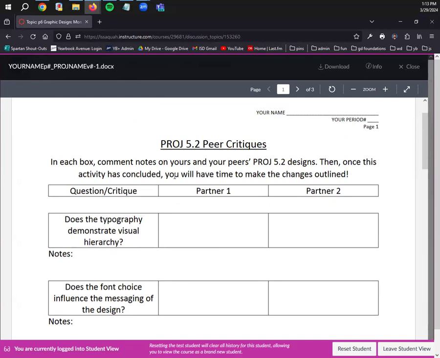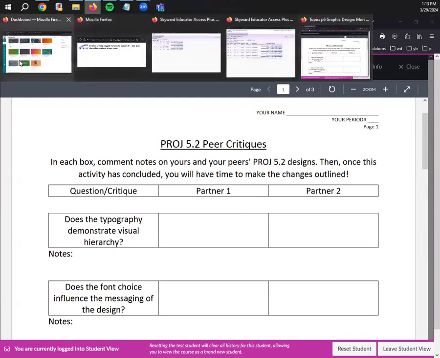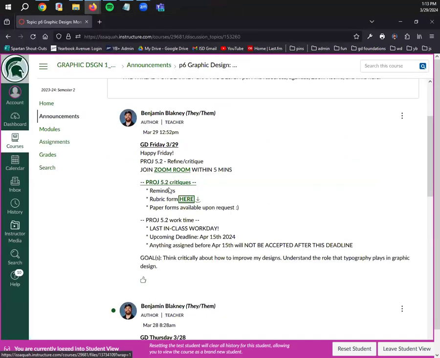Your first thing for today is a reminder about peer critiquing. Remember, your goal is not to tear apart the other person's design. Your goal is not to prove to them how much better yours is than theirs. These aren't things that happen in class, but it's sometimes what can come up in a critique scenario.